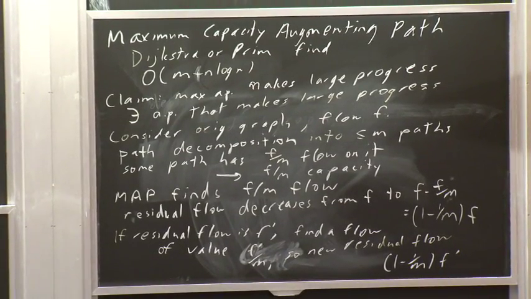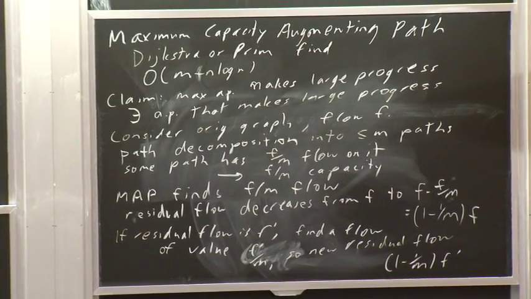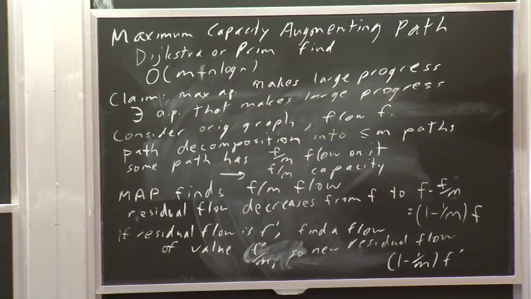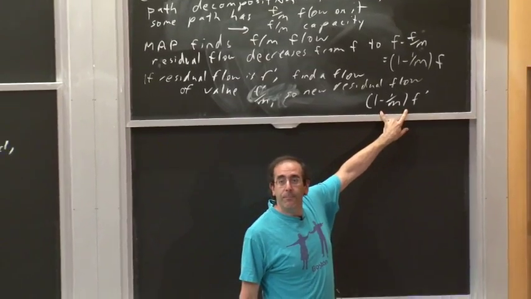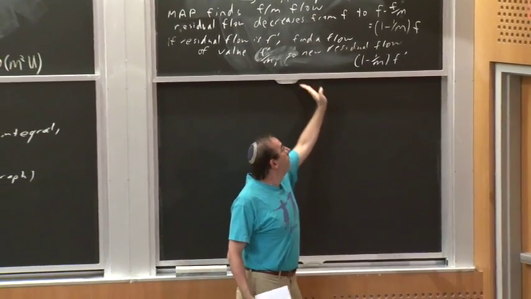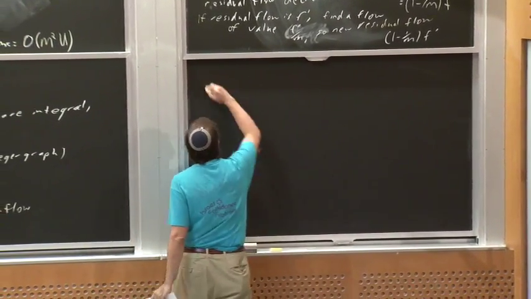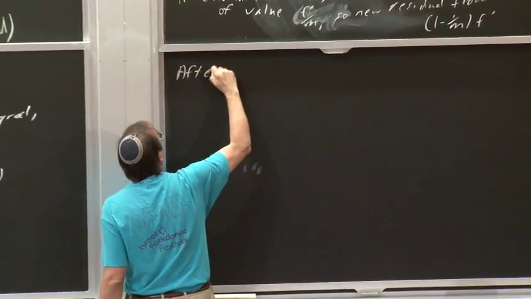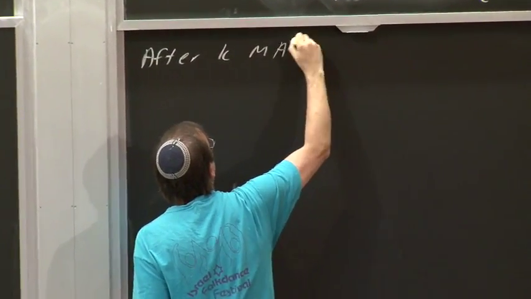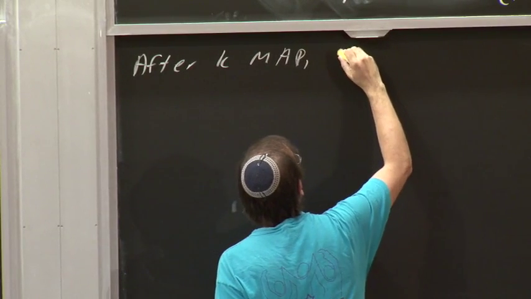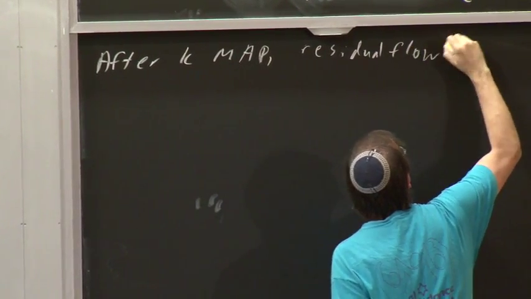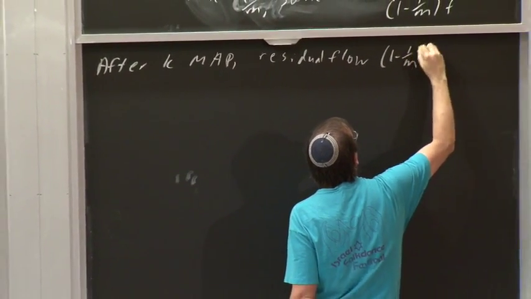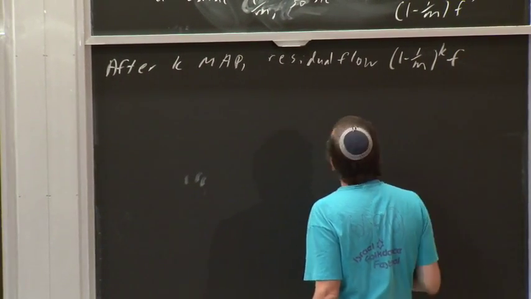So basically, each time we do a maximum augmenting path calculation, it decreases the flow by a multiplicative factor of 1 minus 1 over m. So what that tells us is that after k max augmenting paths, the residual flow is 1 minus 1 over m to the k power times f.